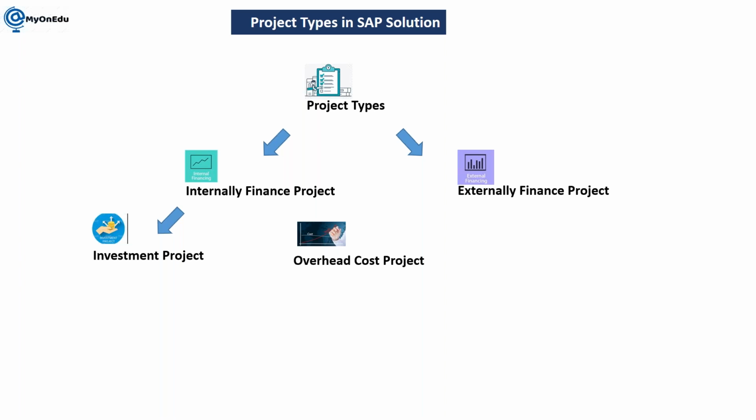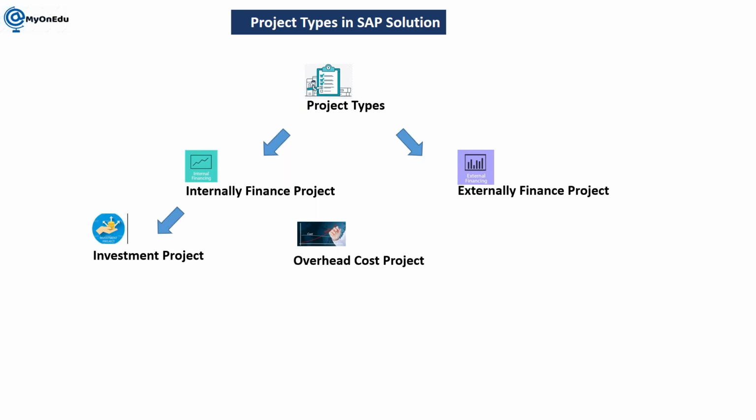Accordingly, if you are getting interest on the paid rent amount, then you will know exactly what your ROI, return on investment, is. So generally in an investment project, we calculate ROI to understand the benefit, the profit of the project. So this is an investment project, and another is the overhead project.